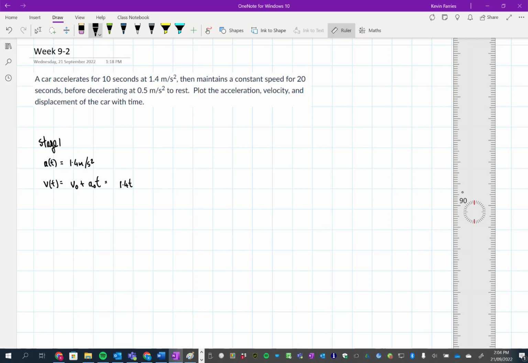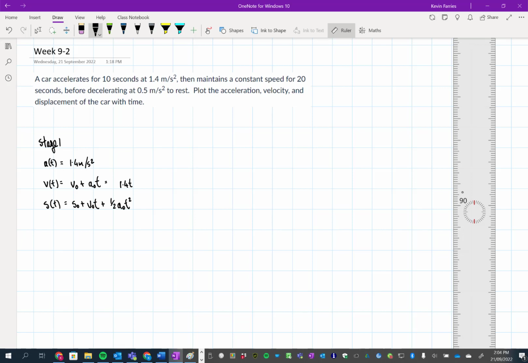for this first stage. The velocity at time t is just going to be 1.4 times t, and then the displacement at time t is going to be, so we've got initial displacement plus initial velocity times time plus a half times acceleration times t squared.